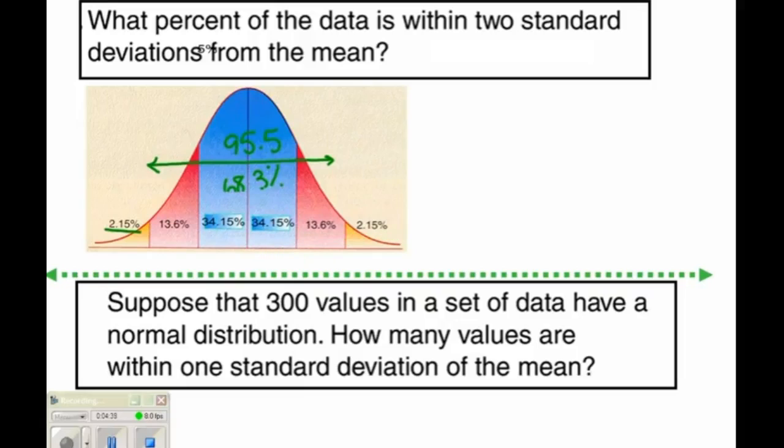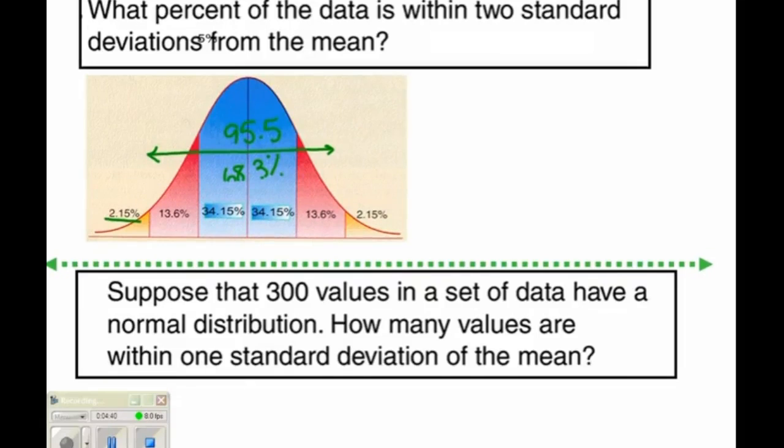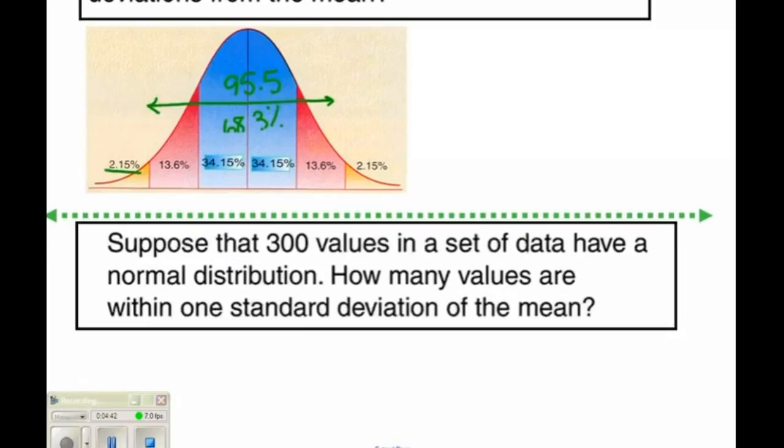So this question here says, suppose that 300 values in a data set have a normal distribution. How many values are within 1 standard deviation of the mean? So this would be plus 1 sigma above and 1 sigma below the mean. Remember, our mean is X bar in the middle here. That tells me that 68.3% of the data lies within 1 standard deviation of the mean.